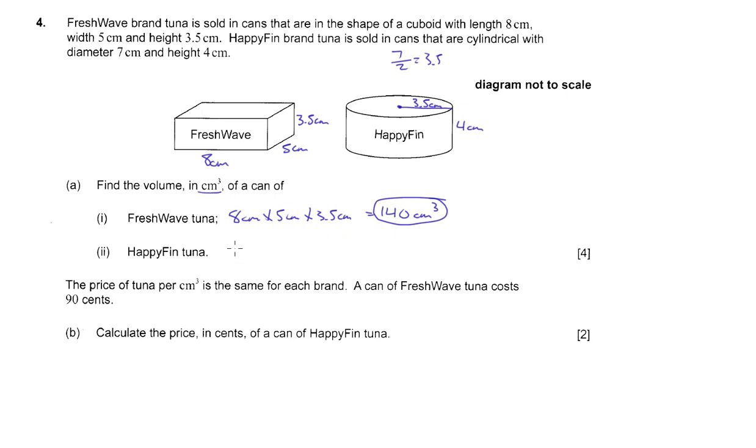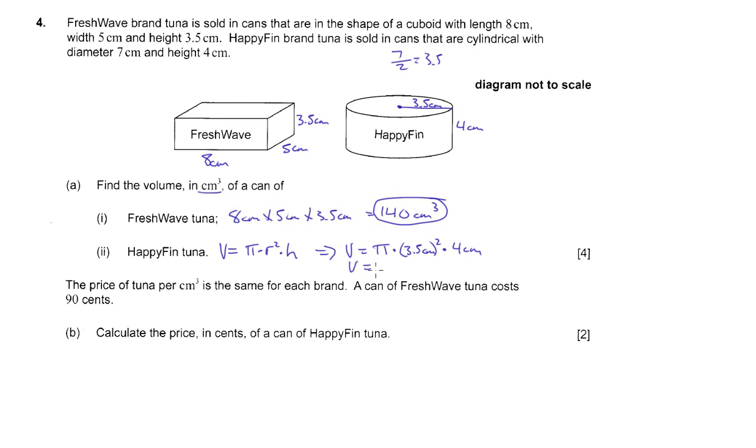Okay. Happy Fin tuna, that was the other formula we looked at, and that is volume is pi times radius squared times the height, right? So in this case here, our volume is pi times our radius, which we figured out ahead of time is 3.5 centimeters squared, times the height, which is 4 centimeters.